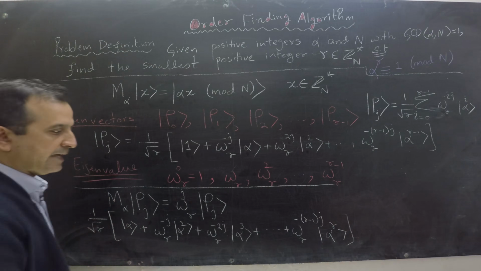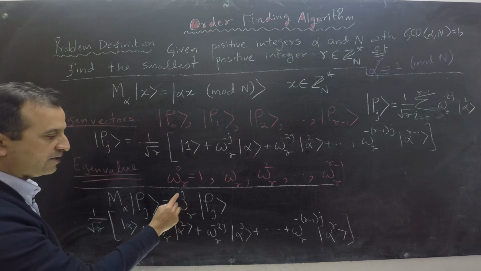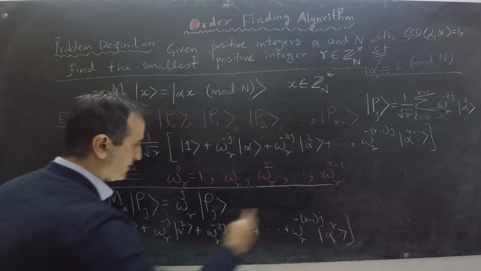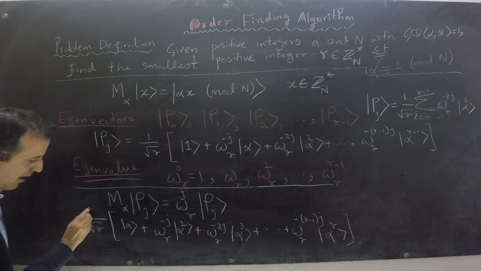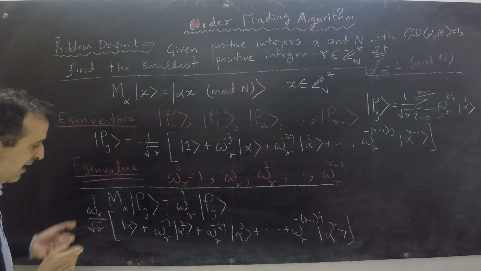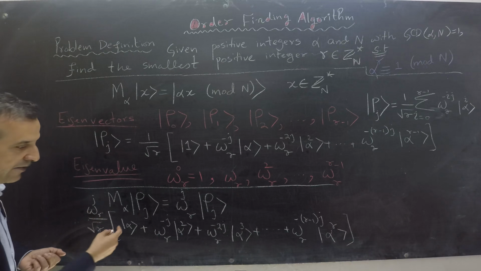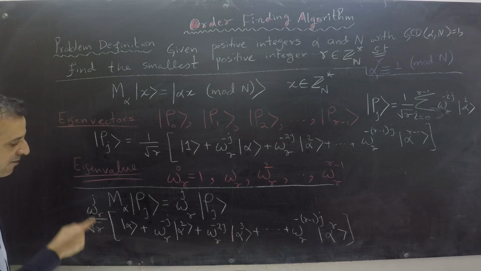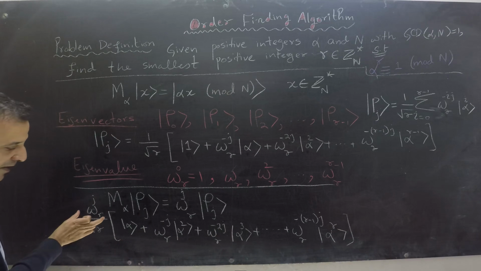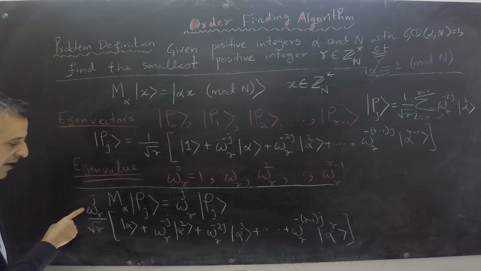Now I take out common omega r raised to power j from this. As I take this out, all the entries inside will be multiplied by omega r raised to power minus j, because I have taken out this common factor.